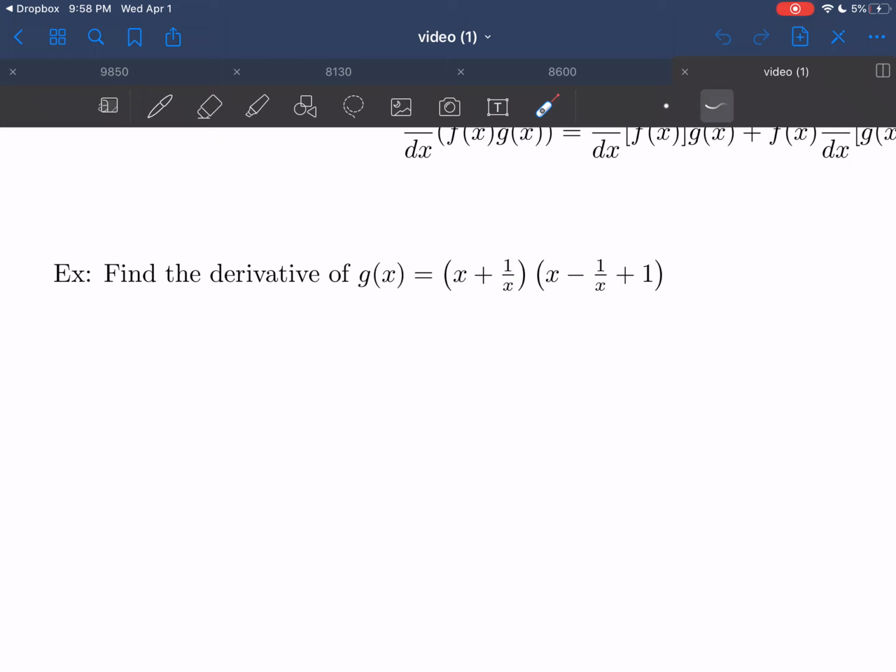We can see here we've got our function g of x, which is this function times this function.